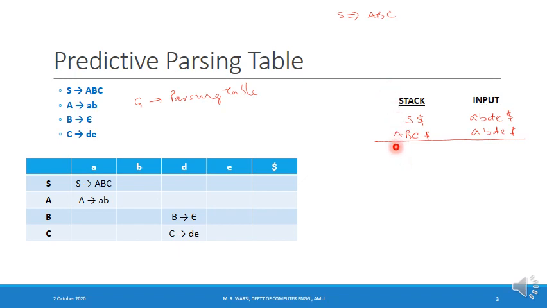Now the topmost stack alphabet is capital A. I consult the parsing table for the entry A, small a, which contains this production. So capital A is to be expanded using this production, which is AB. So I expand capital A to AB, and the buffer continues to hold abde dollar.